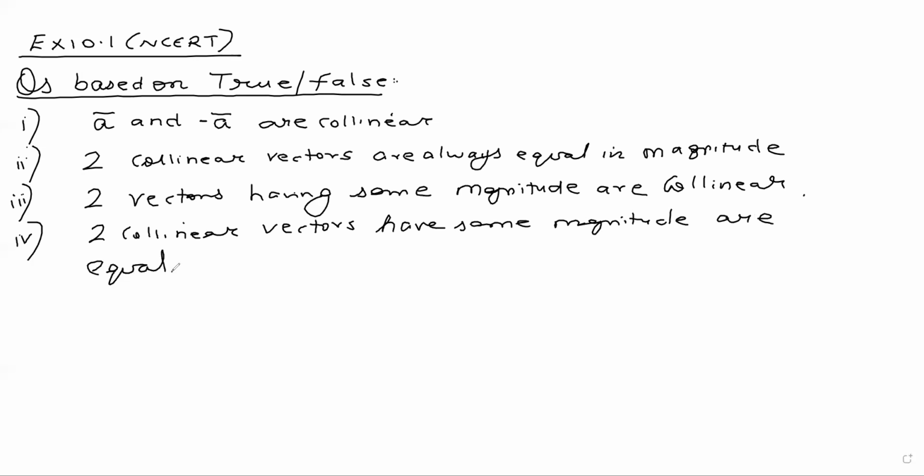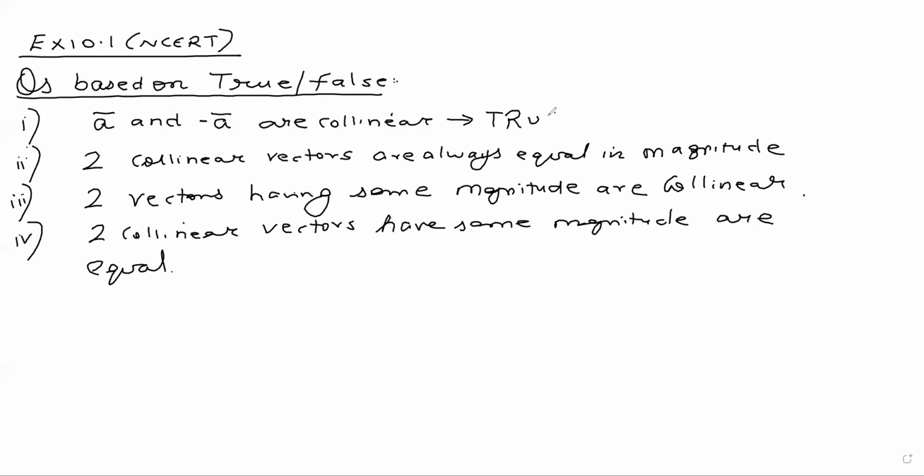So now guys, let's read these statements again and check which given statement is true and which given statement is false. Okay, so vector A and vector minus A are collinear. It's a true statement. Why?